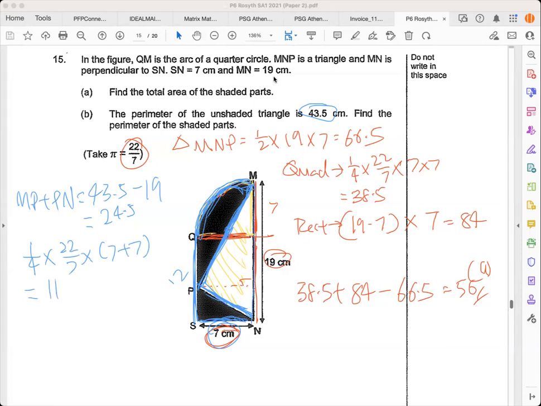So the answer is the arc, which is 11, plus 12, plus 7, then plus this one, NP plus PN, which is 24.5. And the answer will be 54.5. So that's the answer, 54.5 cm.